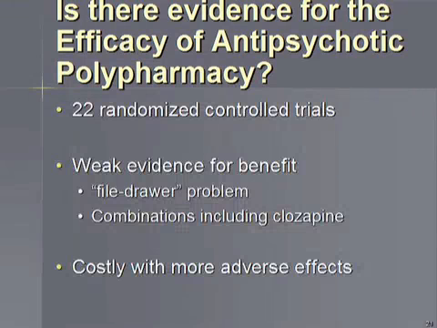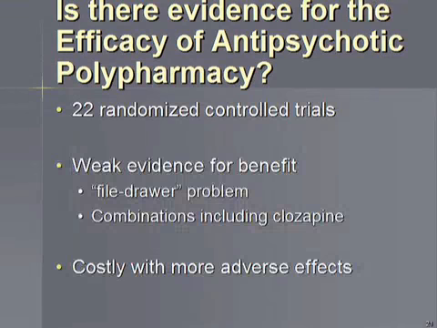22 randomized controlled clinical trials of antipsychotic polypharmacy compared to a single antipsychotic agent. The evidence for benefit of antipsychotic polypharmacy is relatively weak, and even this benefit, how much of it is because studies which are negative are not published?